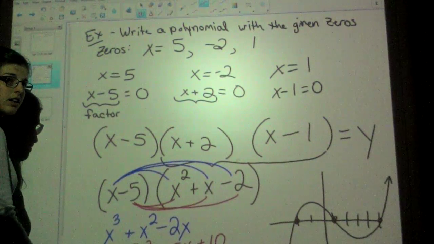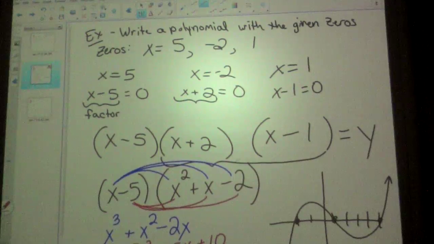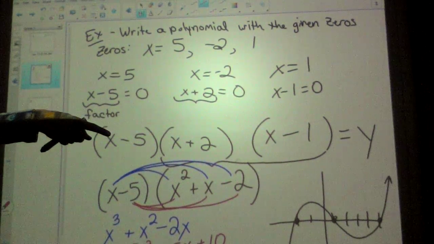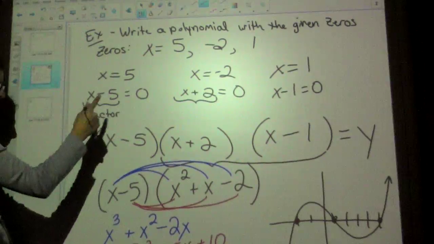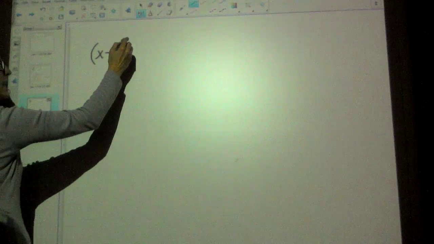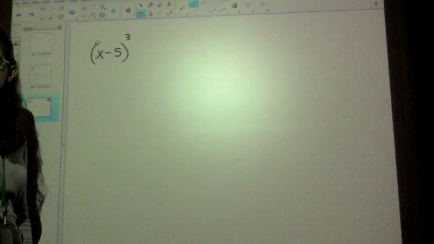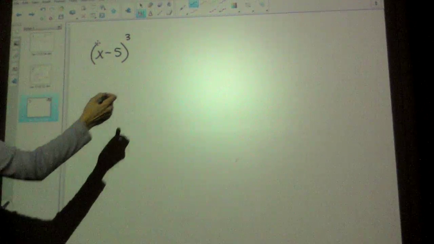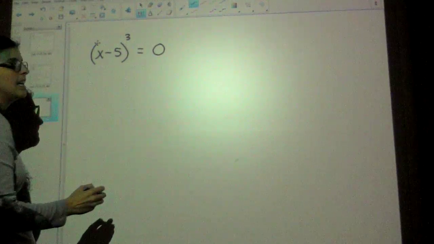If I had x minus 5 quantity cubed or squared or to the 4th, if I change the power of one of those factors and set it equal to 0, does that change my solutions?